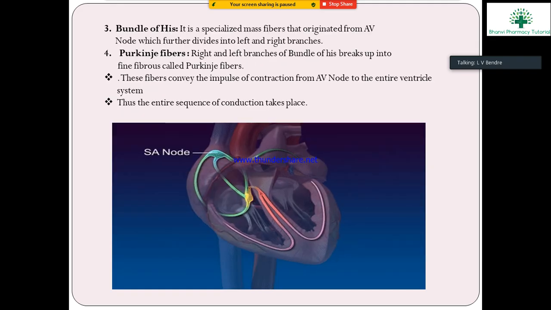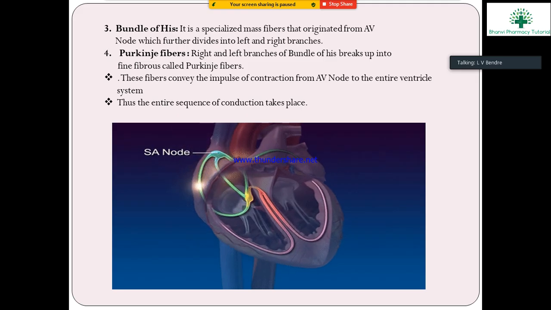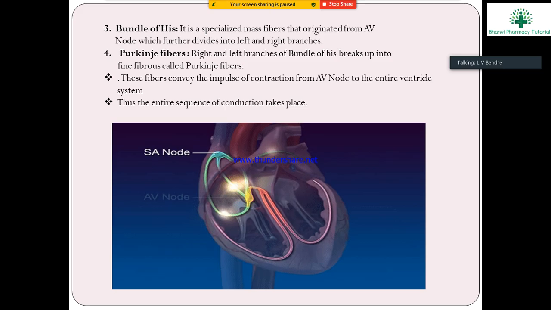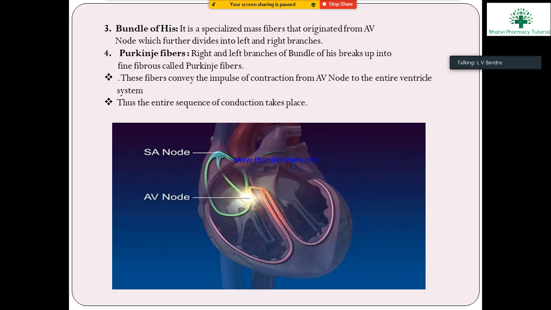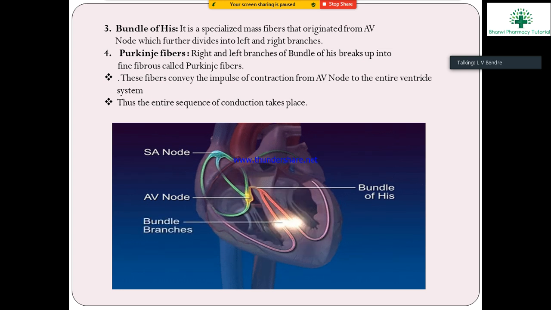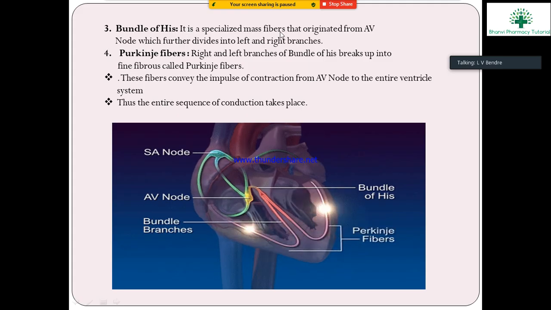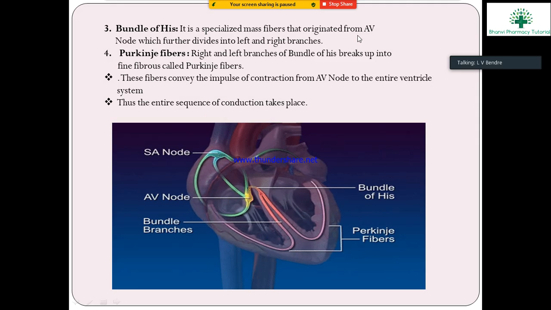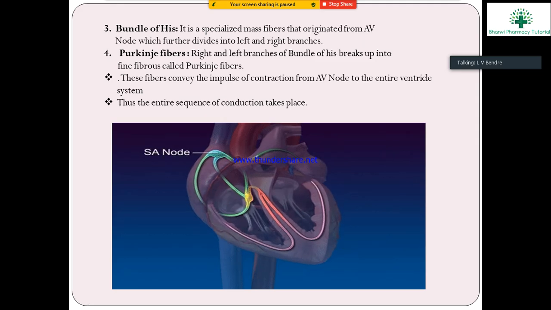Third, you see the diagram: the impulse from the sino-atrial node is transmitted to the AV node. After the AV node, it is divided into two bundles of His. Next, the bundle of His is a specialized mass of fibers that originates from the AV node and further divides into left and right branches.